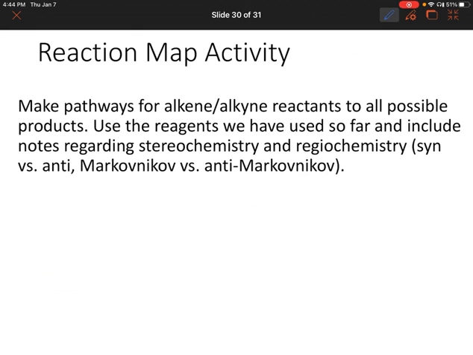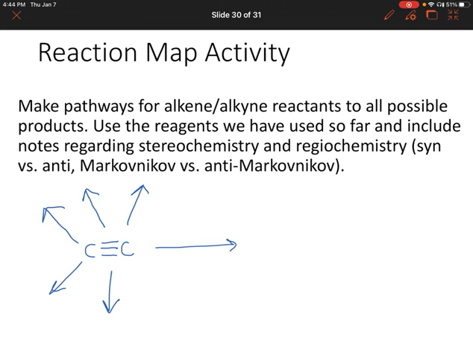Okay, so one last thing that I encourage you to try is to make a big reaction map. So basically make a map where you show all of the reactions we've learned so far. So for instance, you could show an alkene on one side and just kind of show how you could make a bunch of different stuff from that alkyne.